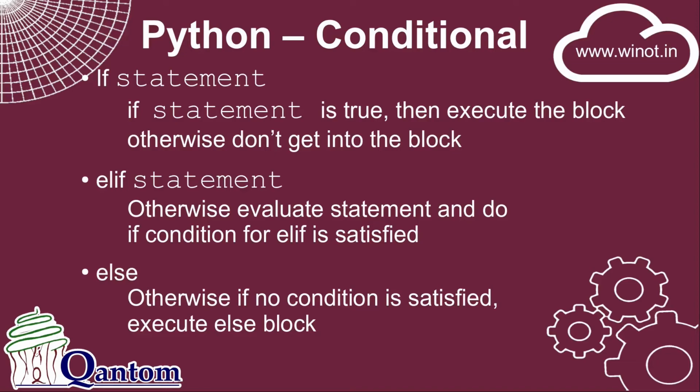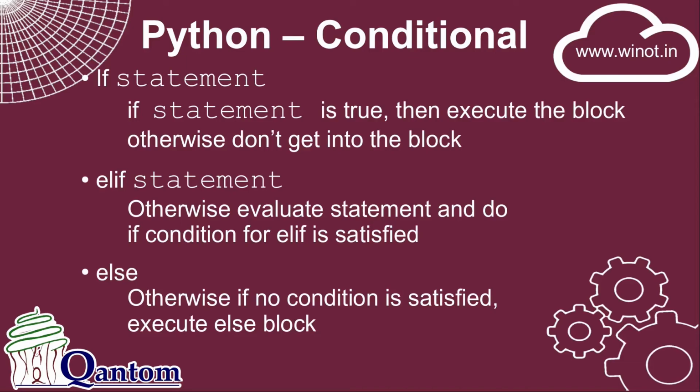After a block of code that follows an if statement, you could have an elif statement. The elif keyword will have a statement that again has to evaluate to either true or false. The lines of code under the elif block will only be executed if the statement for the elif evaluates to true. Finally, after all elif blocks, you will have an else statement. The block under the else statement is executed when all other conditions have failed.